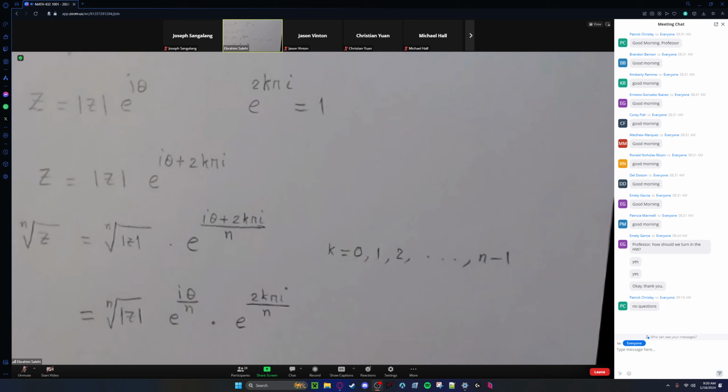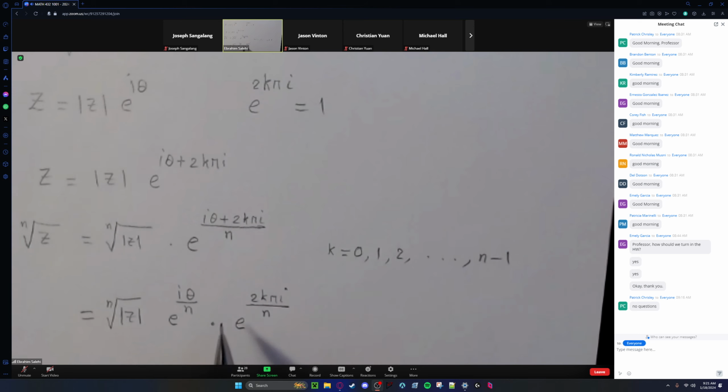And k goes from 0 to n minus 1, all right? So if you just consider these by themselves, these are the nth roots of 1.